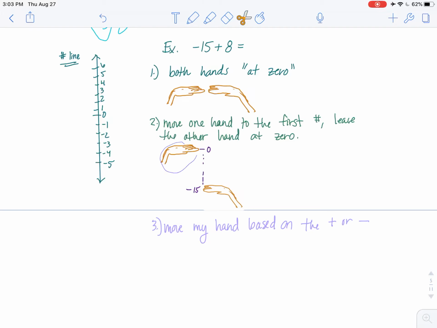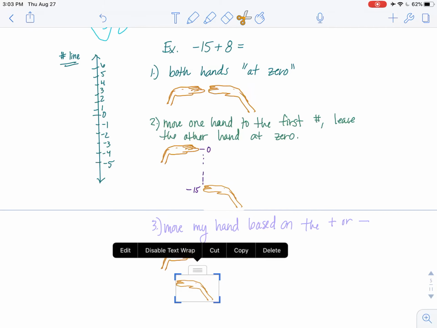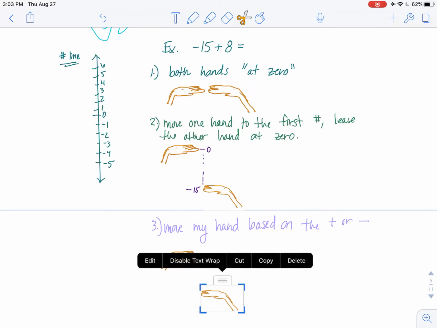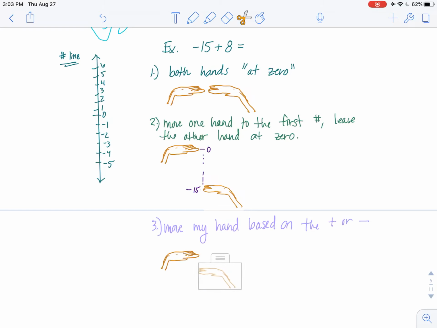So here I have my hand again, and this hand is going to move. I don't know why it keeps doing that, but that's okay. This hand is going to move 1, 2, 3, 4, 5, up 8 from 15.